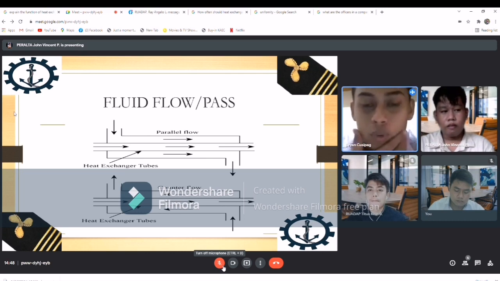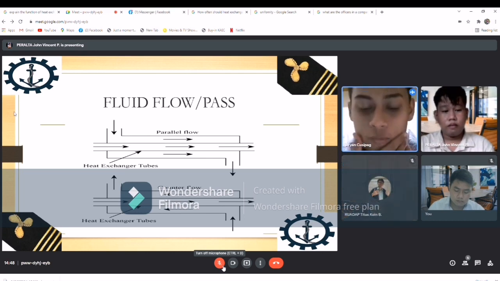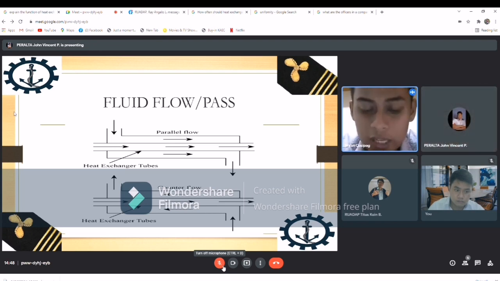This kind of flow is the arrangement for parallel flow. Heat is transferred from the warm fluid through the wall of the inner tube, where the hot water goes, and then turns to the cold.